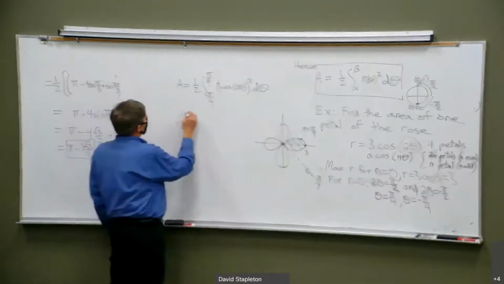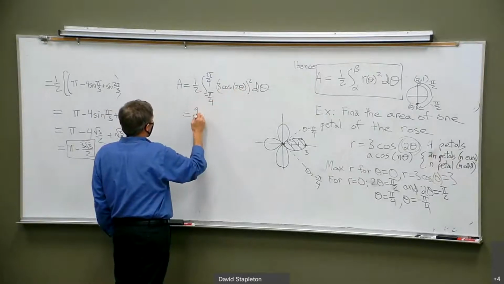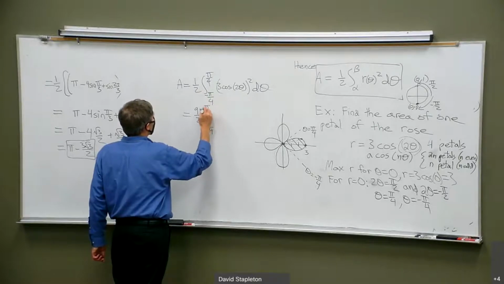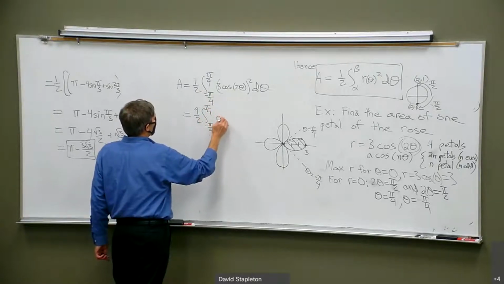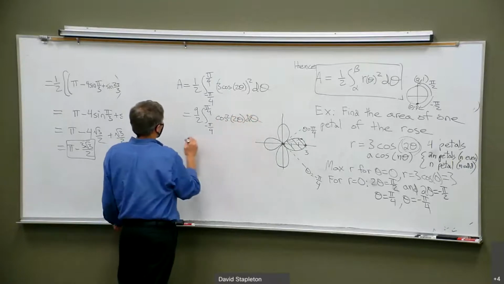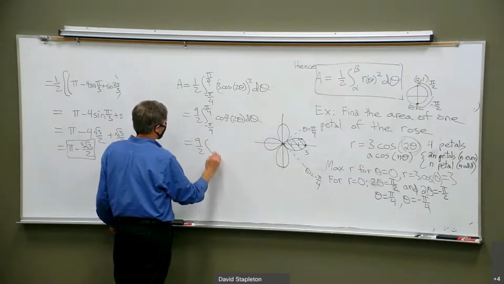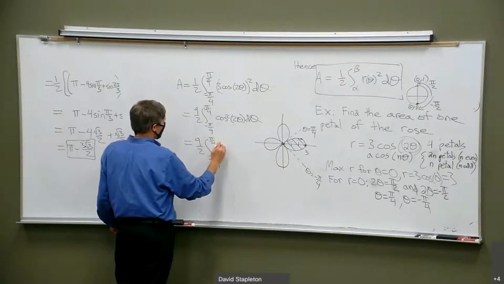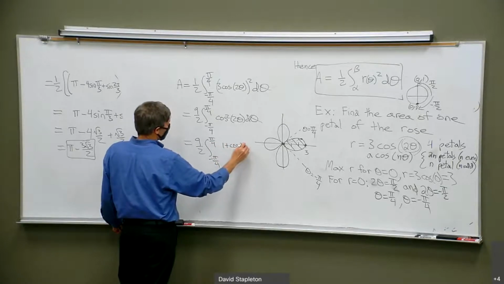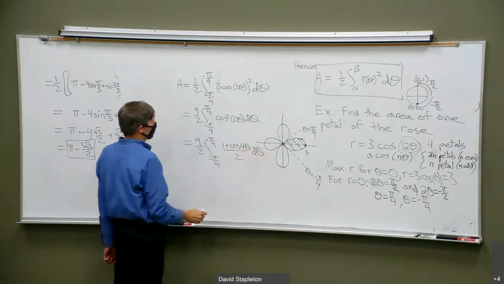Once again, we can do the trick. We'll pull the 3 squared out. That becomes 9/2 times the integral from minus pi over 4 to plus pi over 4 of cosine squared 2 theta d theta. We can pull the same trick as before. This is 9/2 times the integral from minus pi over 4 to pi over 4 of (1 plus cosine 4 theta) over 2, using the half angle identity.